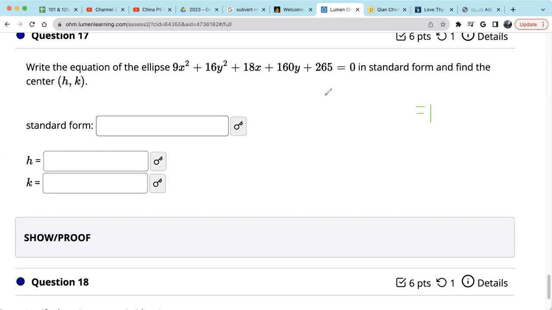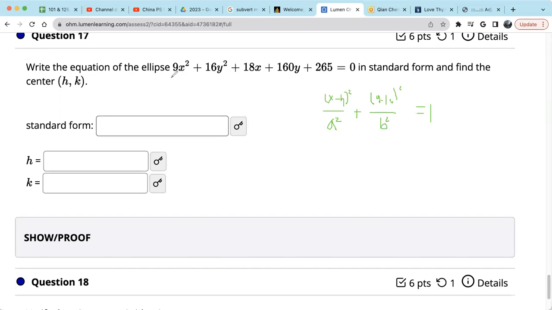So on this side, we want to write it as x minus h squared, divided by a squared, plus y minus k squared, divided by b squared, right? We call major axis, minor axis, depending on which one is bigger. If a is bigger than b, we call a the major axis, b the minor axis, or otherwise vice versa.